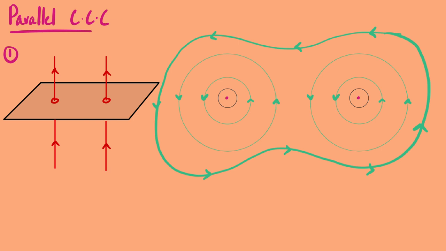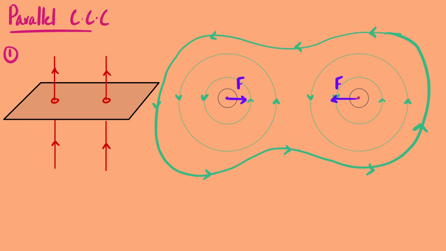In this case, the forces exerted by both of these conductors on each other would be in the same direction. These are what we call like currents, because both of these are taking current in the same direction. So since these current carrying conductors would move towards each other, the rule here is that like currents attract.